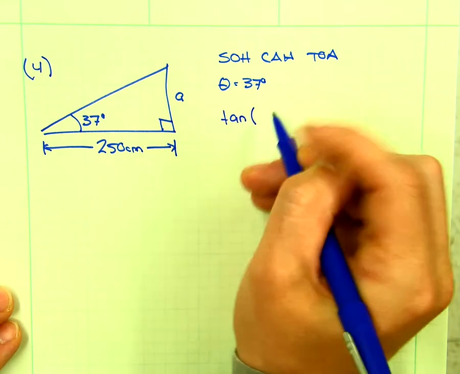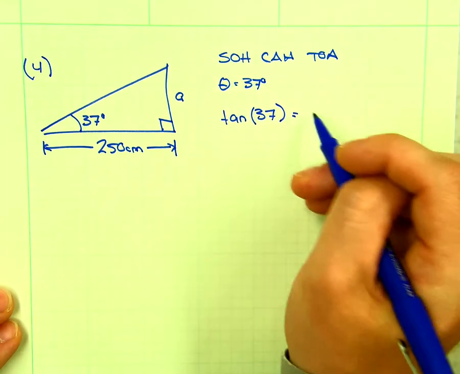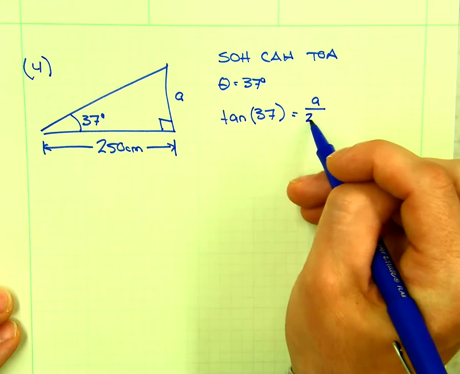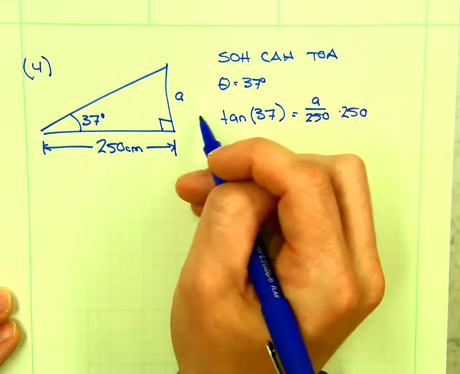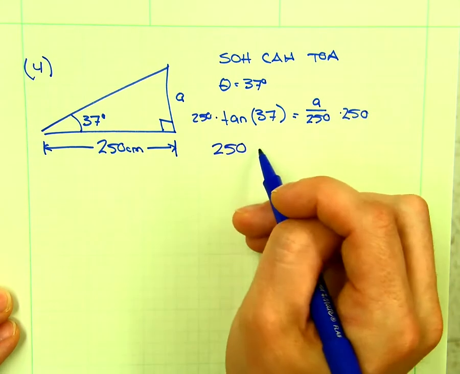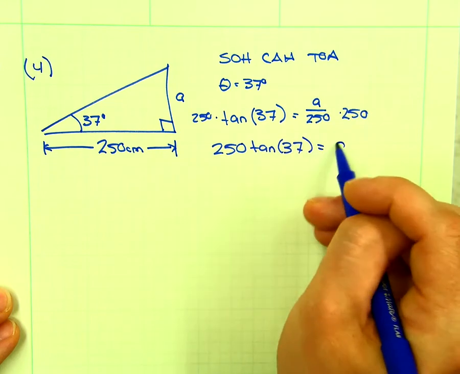So I can say the tangent of theta, which is 37, is equal to A, opposite over adjacent. Opposite is my A, and my adjacent is 250. So if I multiply both sides by 250, then I get 250 times the tangent of 37 is equal to A.